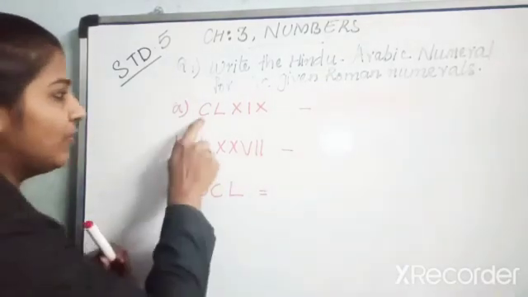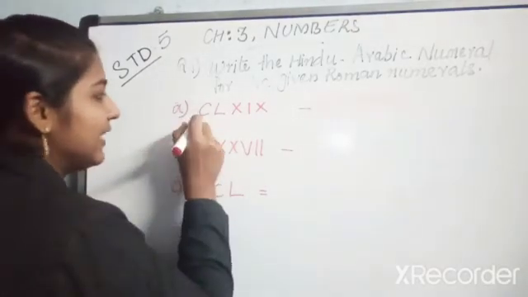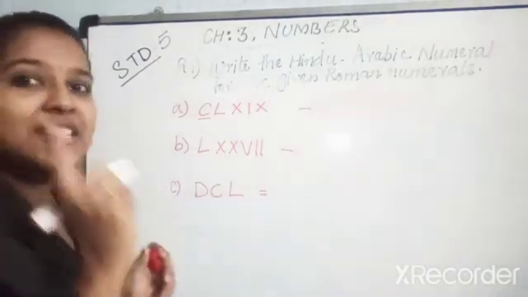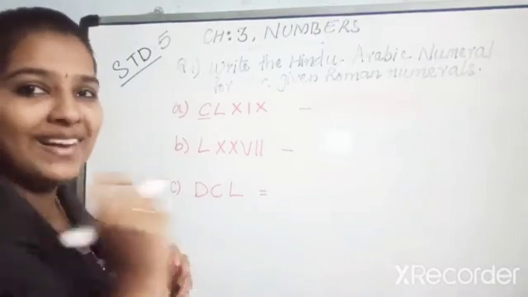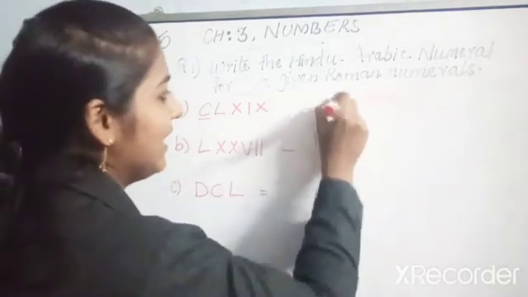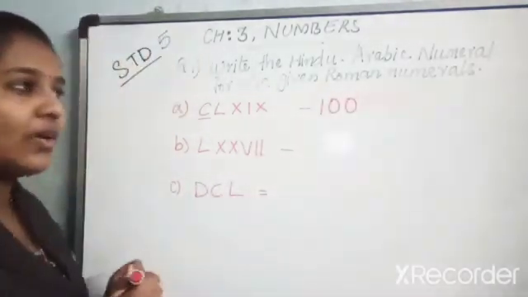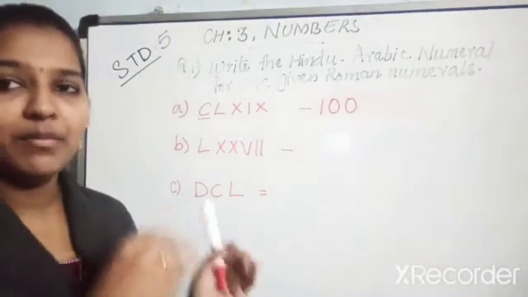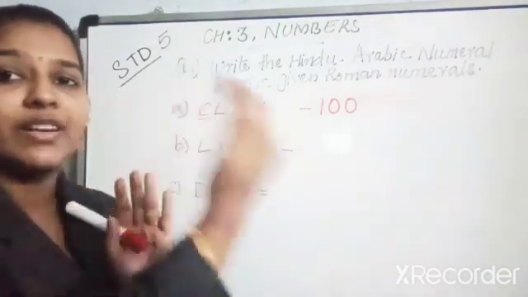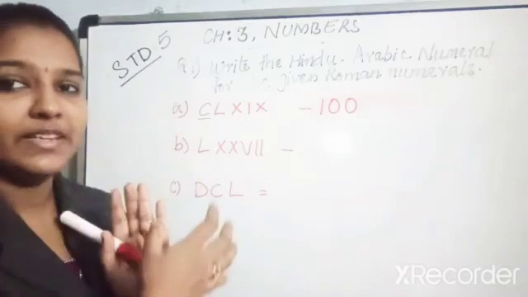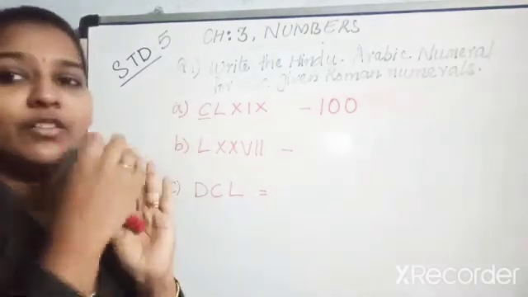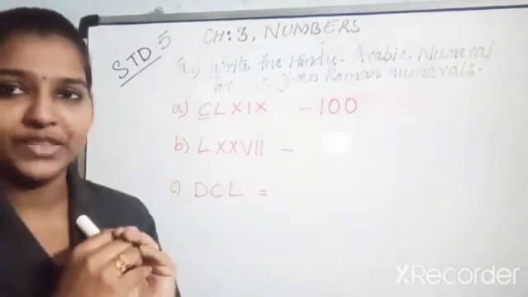Okay. So first one is C. We know C stands for 100, isn't it? So 100, and we know according to the rule, the letters which are coming on the right of the symbols show the addition, isn't it?